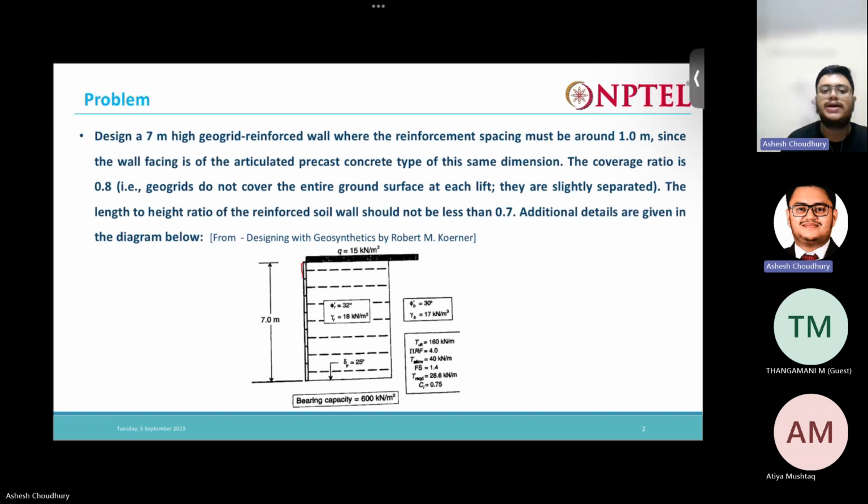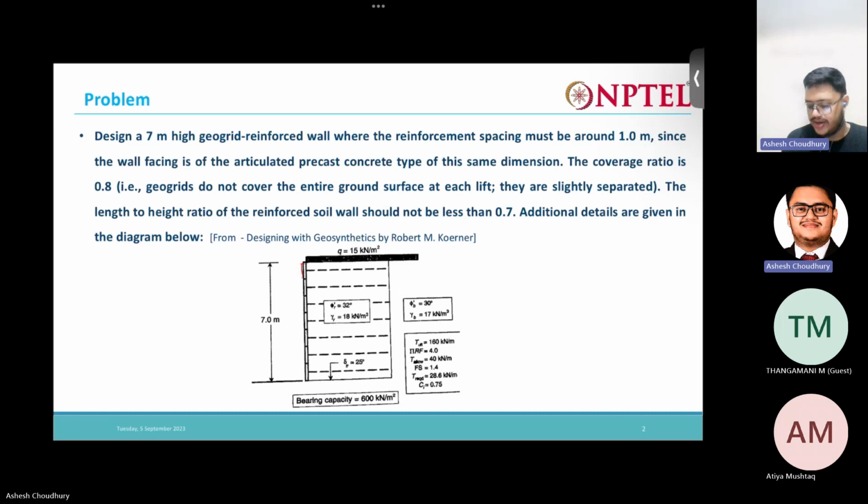There are many reduction factors, such as reduction for chemical and biological damage, for creep, for installation damage, and similar others. All those reductions combined give a cumulative reduction factor of 4.